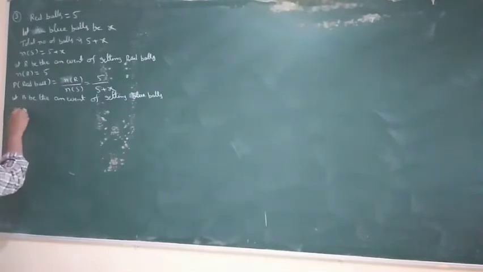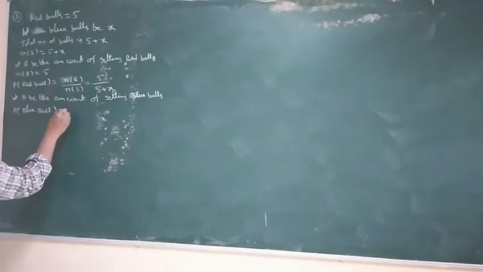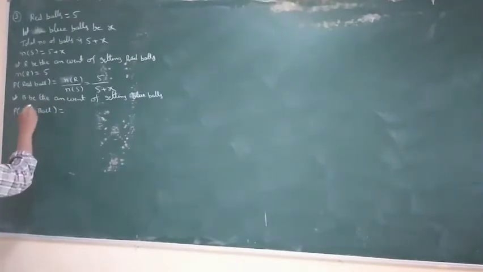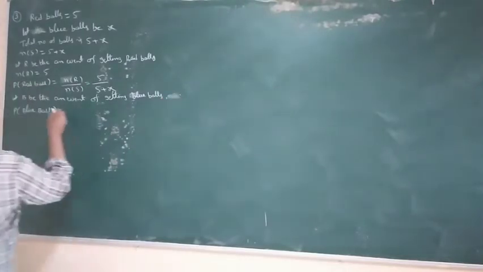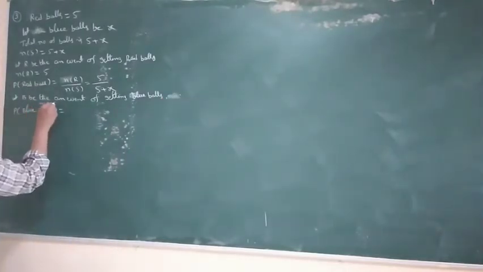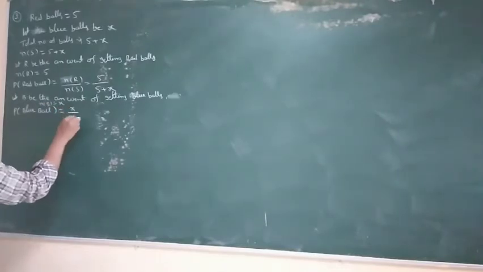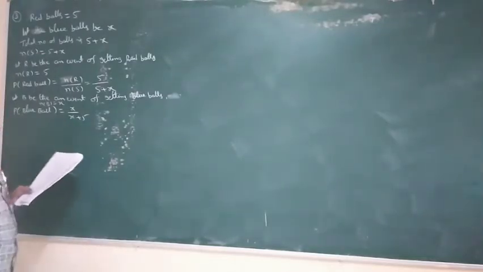So probability of blue ball is equal to how many blue balls? n of B is equal to x, so x by x plus 5. Why did we calculate the probability of red and the probability of blue? Because one condition is given. What is the condition?